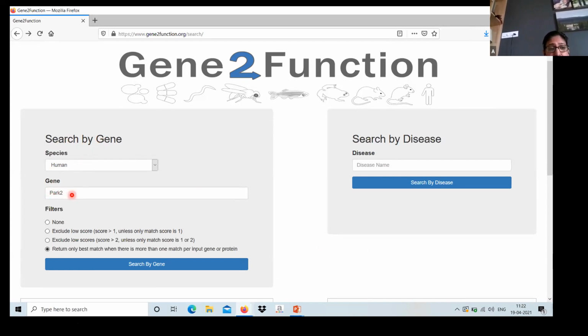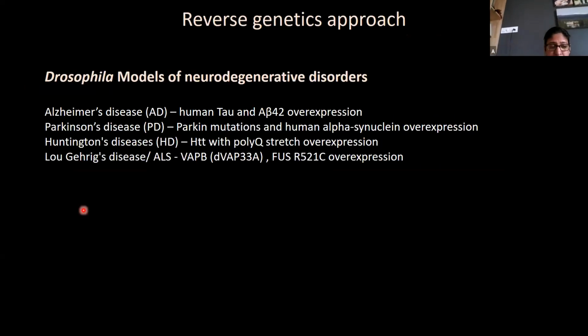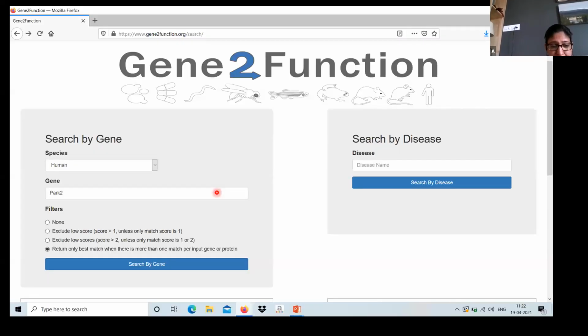So I selected Park2, which is implicated in Parkinson disease, where mutations have been shown to cause Parkinson disease. People have motor problems, and they have neurodegeneration eventually. So I selected Park here, and then I'll just say search by gene.